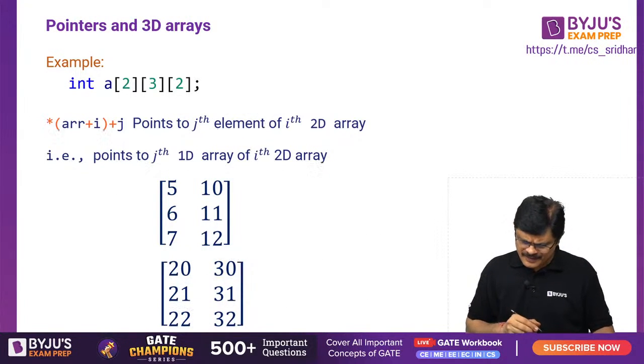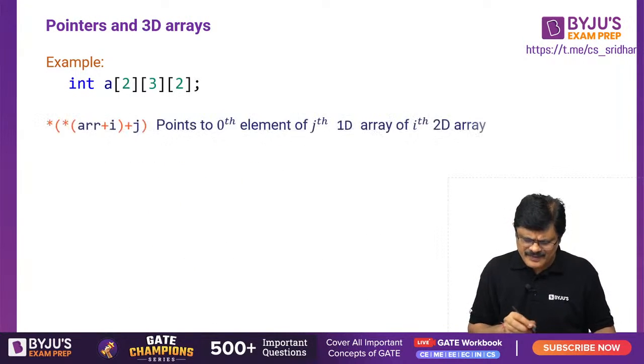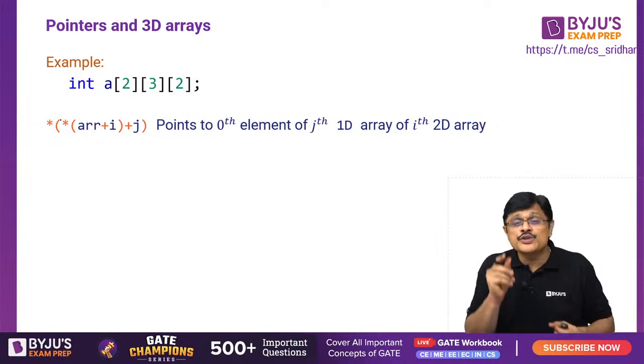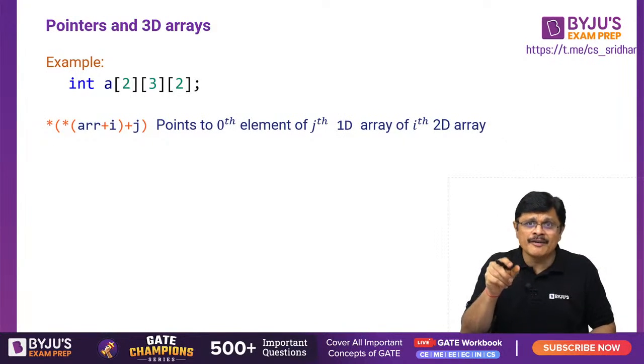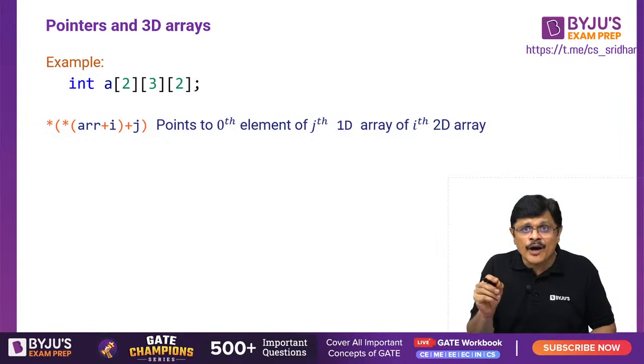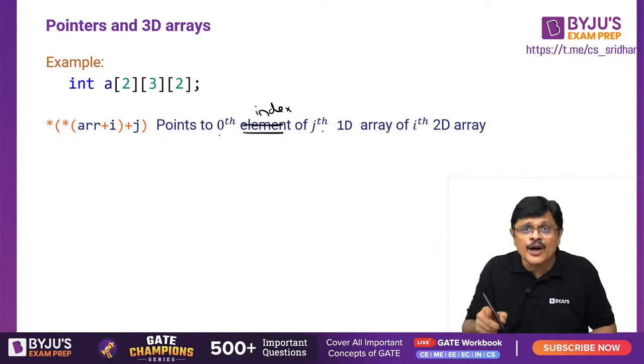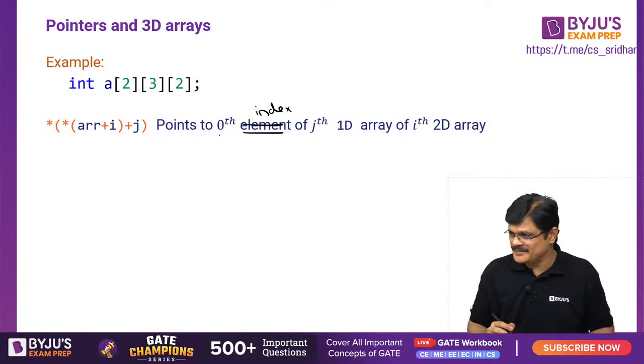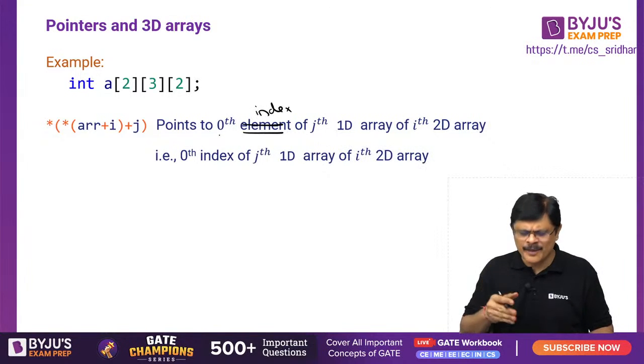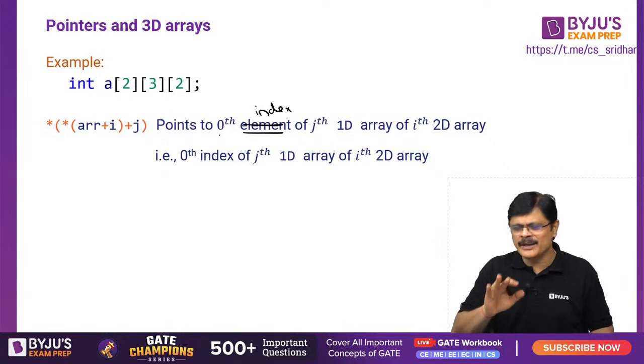So this will point to the 0th index of the jth 1D array of the ith 2D array. Okay, I'll stop it. Just the 3D array, we'll complete it and we'll stop.